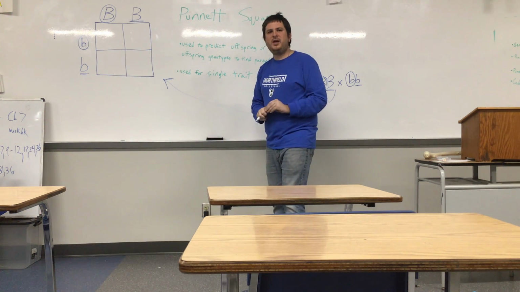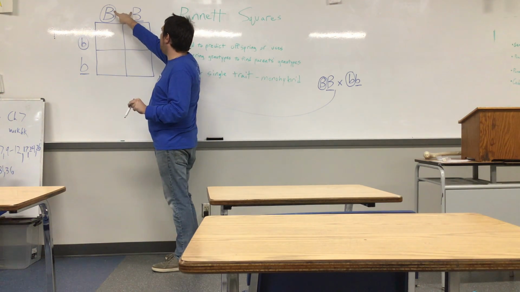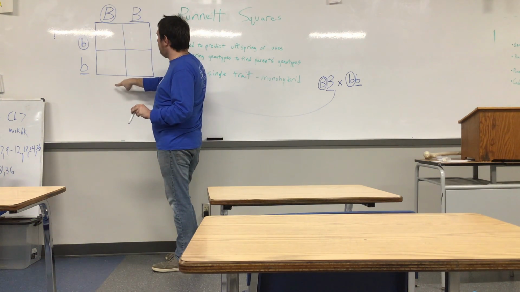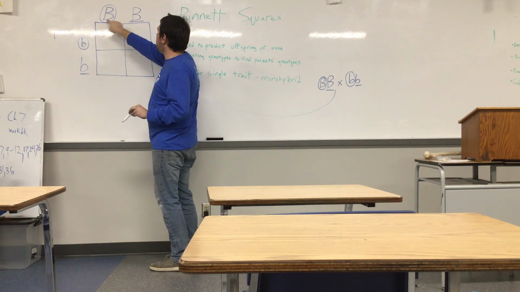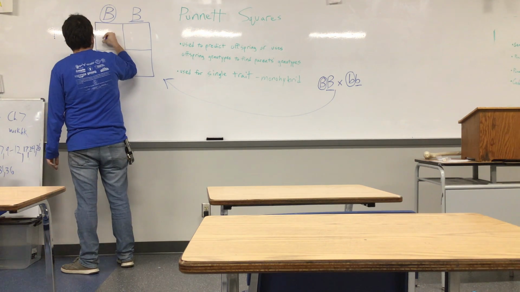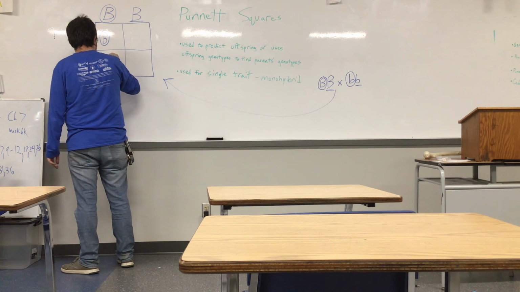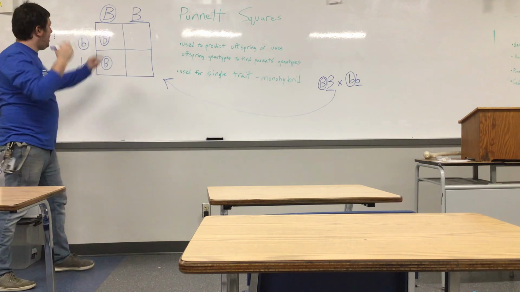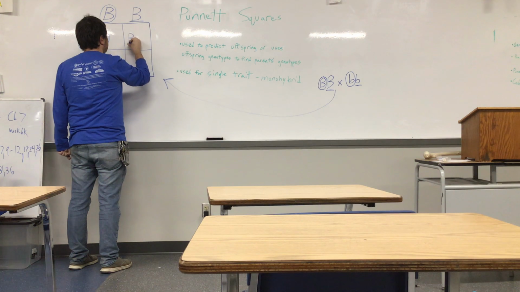So, how we are able to show what they do is everything above drops below. Everything to the side comes to the side. So this B drops in the two squares below it. And this B drops into the two squares below it.